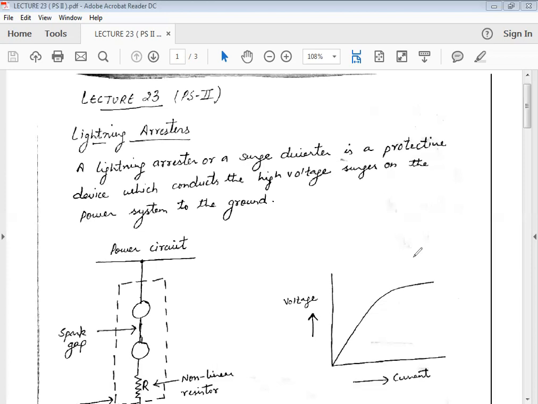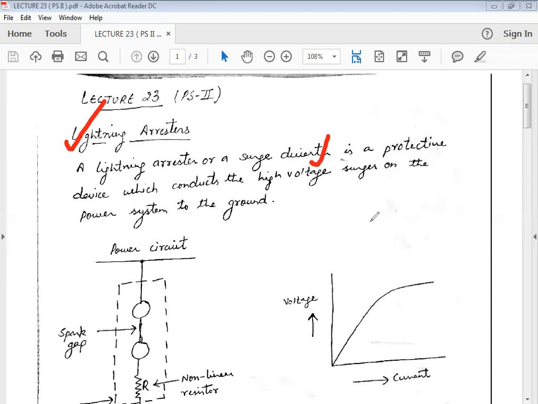So for protection against traveling waves which may reach the terminals of the equipment, lightning arresters are used. A lightning arrester is also known as a surge diverter. It is a protective device which conducts high voltage surges on the power system to the ground.